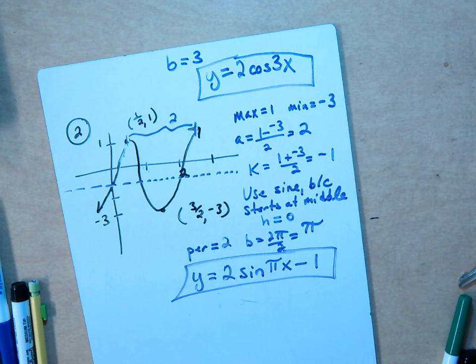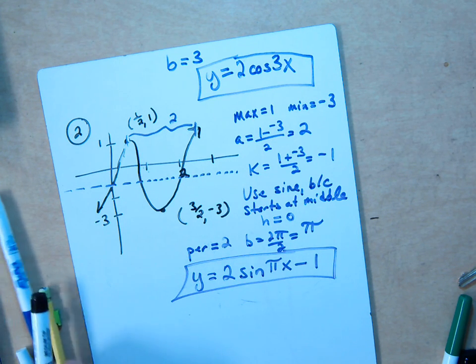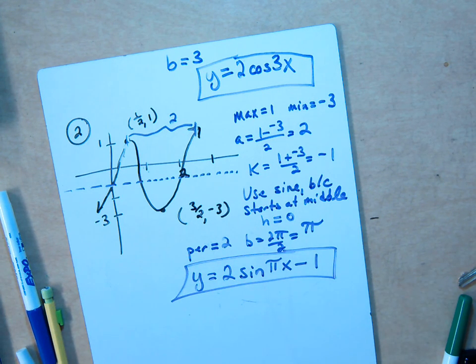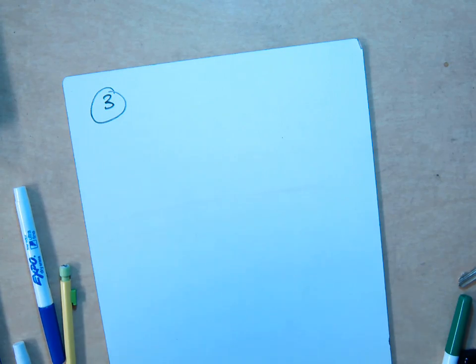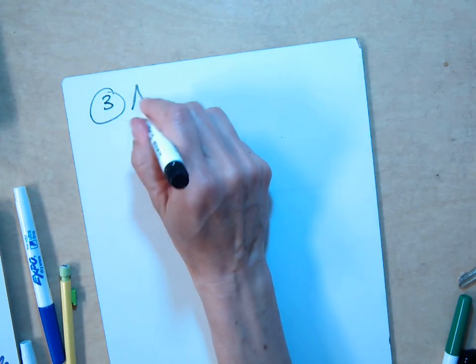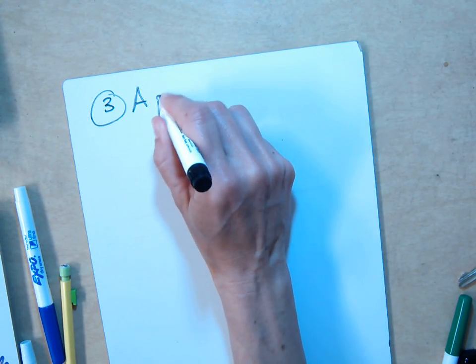So we're going to finish with a story. The last example, example 3, is a word problem, and we'll just write down the key information.